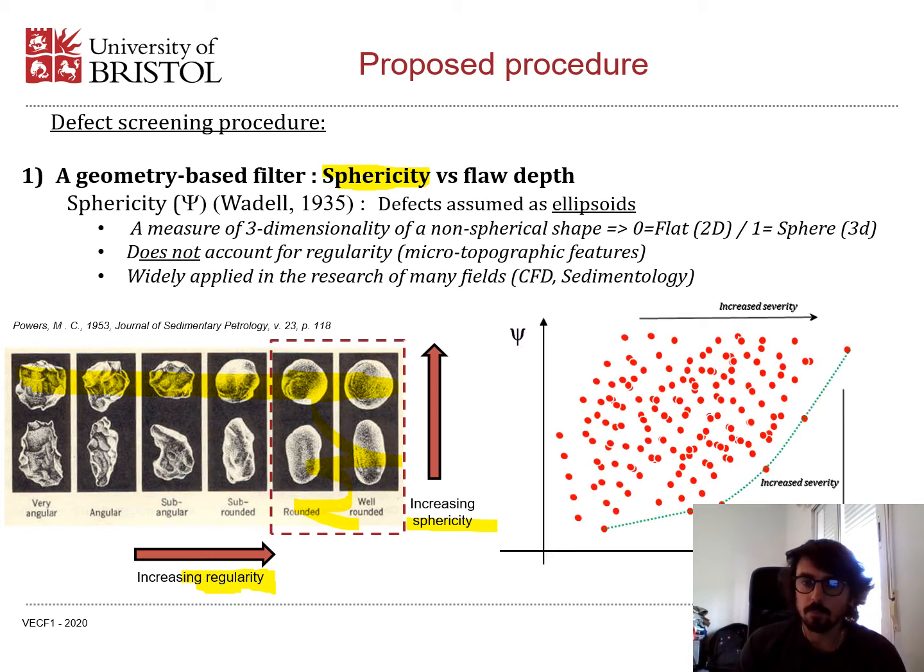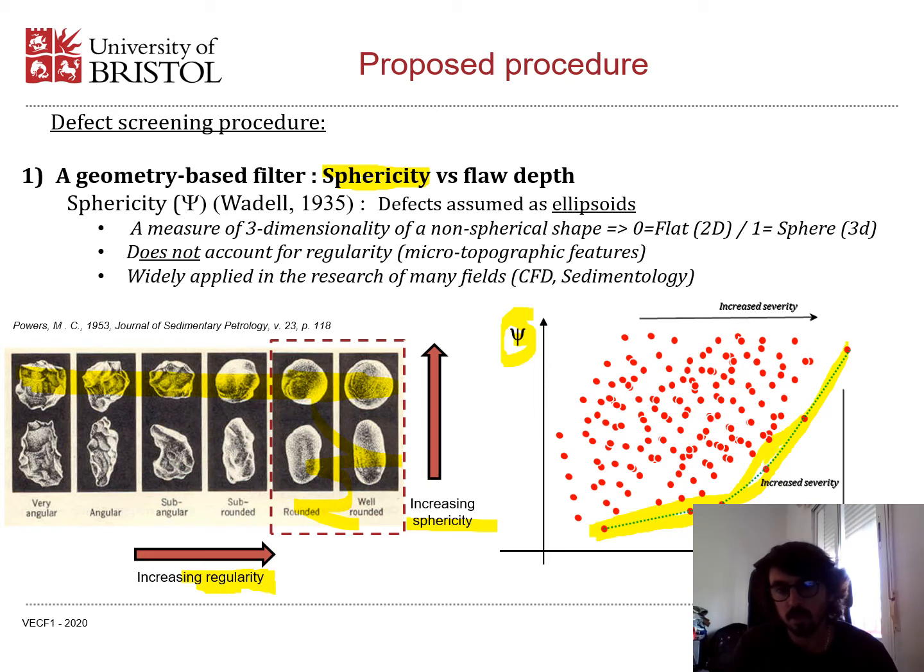Right. So the main idea is that defects with low value of sphericity and defects with high value of depth will be the most severe. So when we plot this line, these defects could be considered those to go and look at first in terms of criticality, and we could probably avoid analyzing in much detail defects in this area.